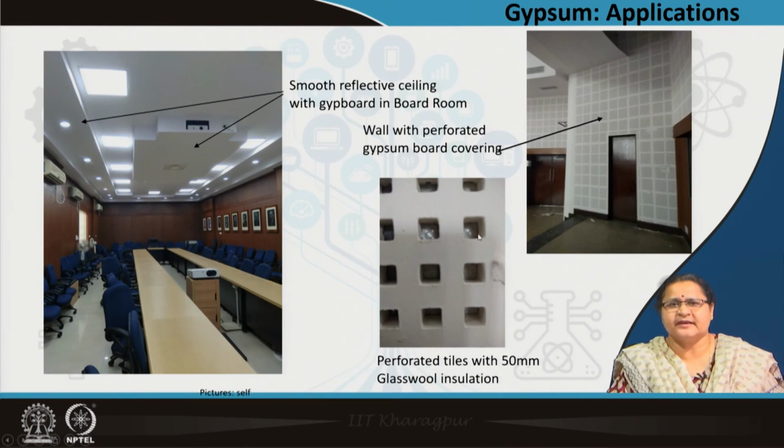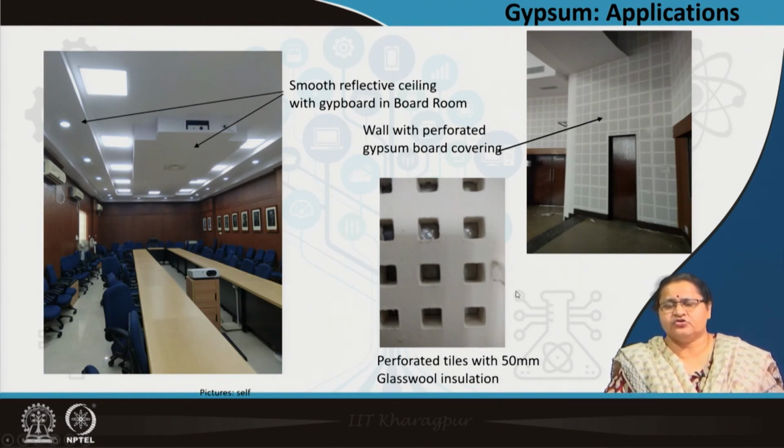This picture has been taken from one of the lecture halls here at IIT Kharagpur. So, there is an insulation embedded inside, and on top of it, it is the perforated board, this is a closer view and that is the overall view. So, here it has acoustical application. Here also it is reflecting sound and is having acoustical application, other than giving the room or the ceiling a neat finish.